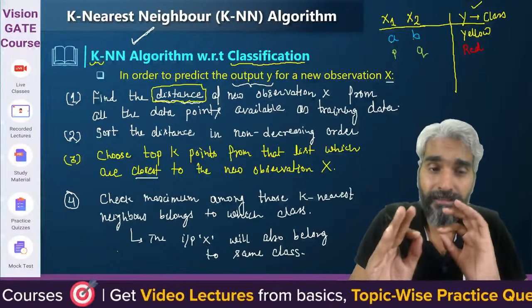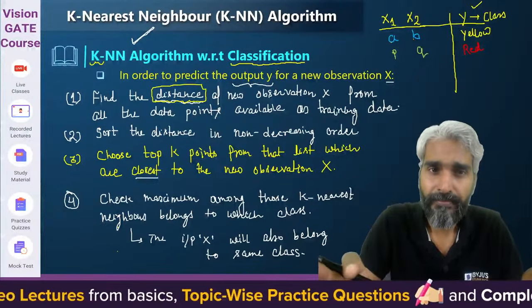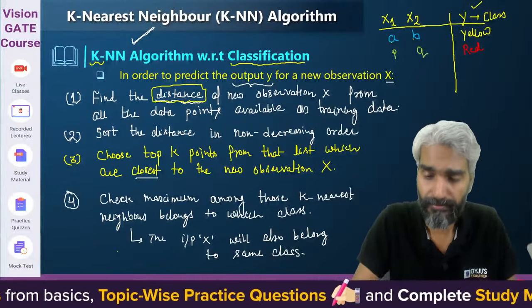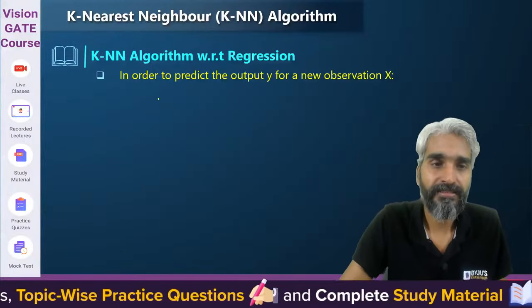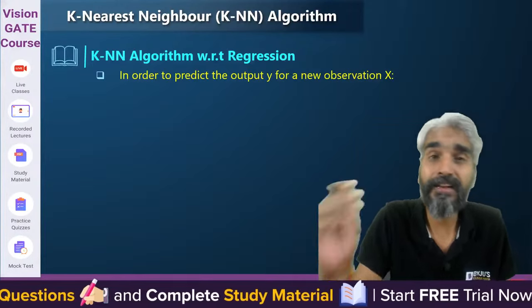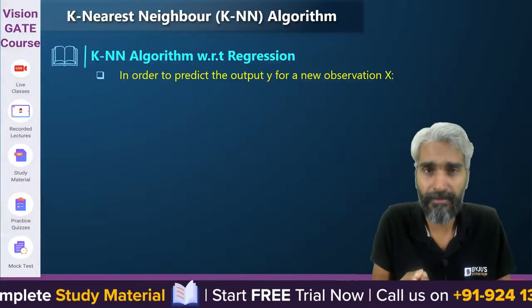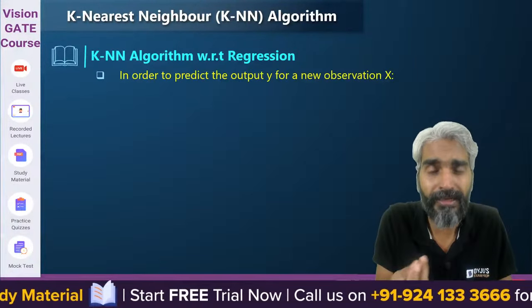Let's look at the regression problem. If classification is simple, how do we handle the regression problem? In a regression problem, you will get a continuous variable, a real number that can be any value.